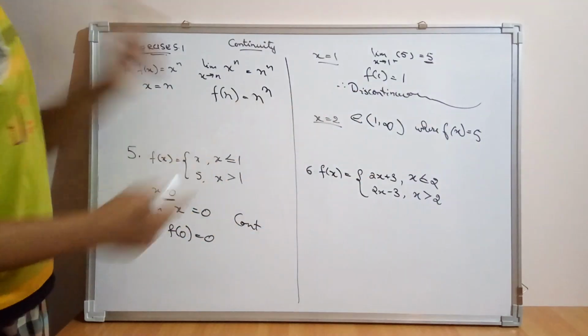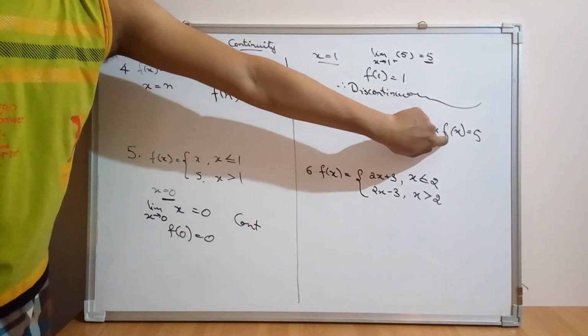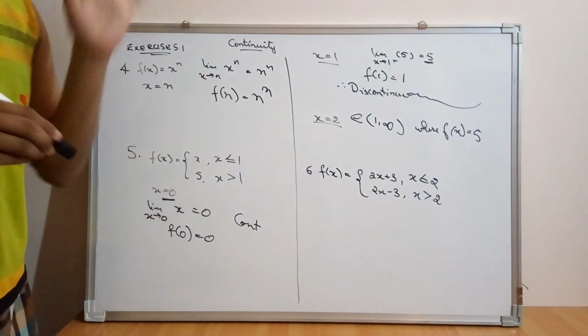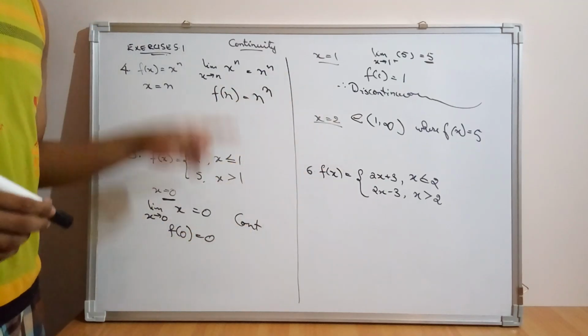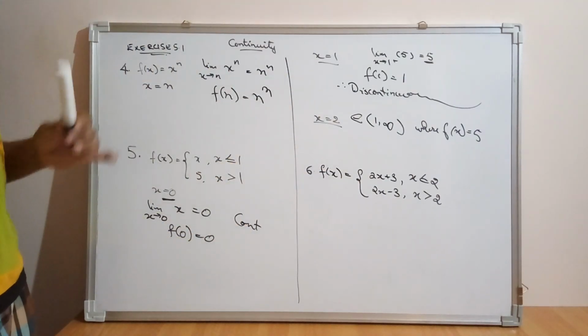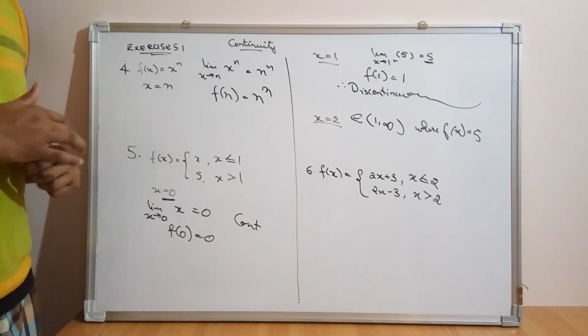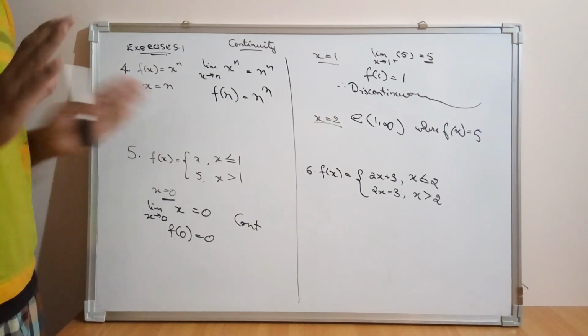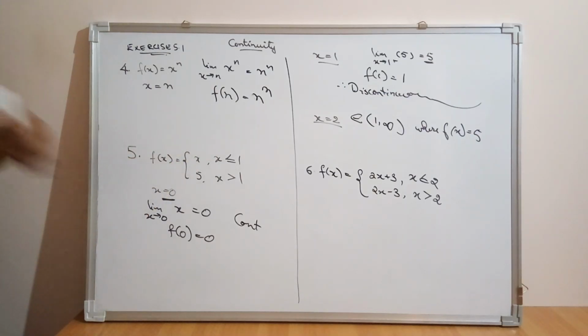Since it is a constant function and x equal to 2 is a point in that interval, x equal to 2 is a point which is continuous. And I just use the converse of the thing which we used to define that an interval is continuous.